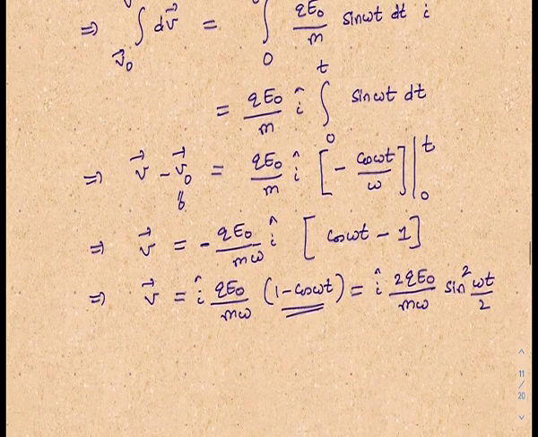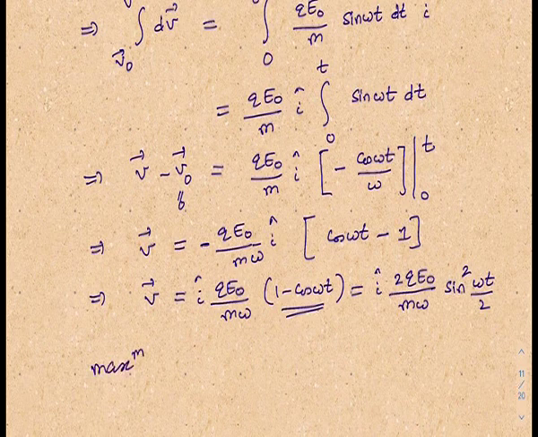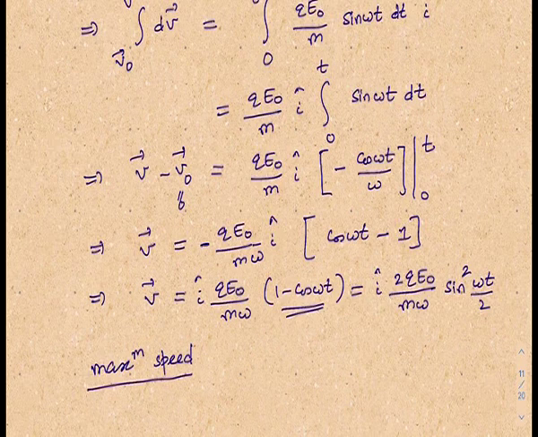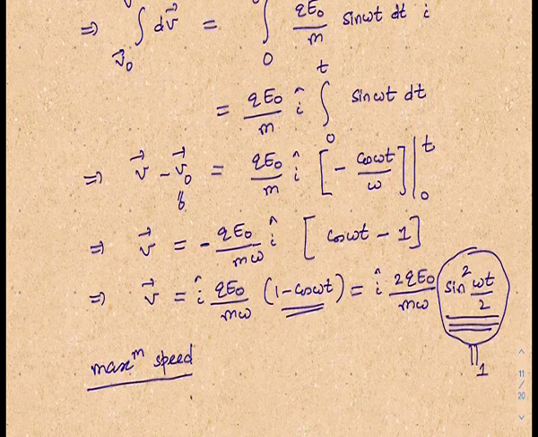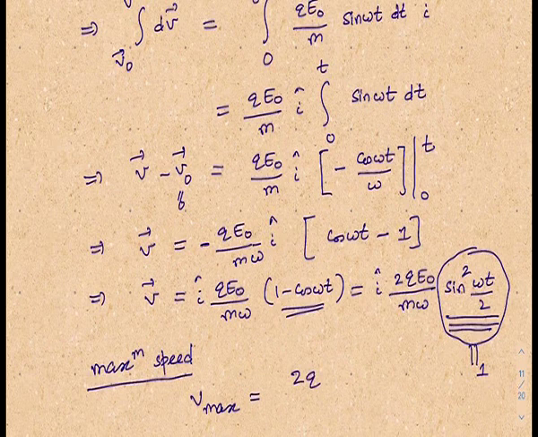Alright, so now what about the maximum speed? You will get the maximum speed when this term becomes maximum, and the maximum of sine square omega t by 2 is simply equal to 1. So the maximum speed would be 2 Q E0 by m omega.